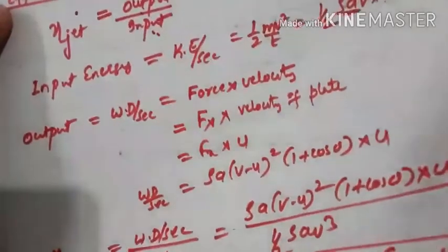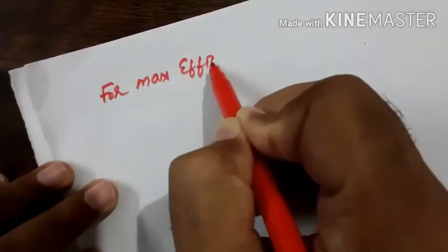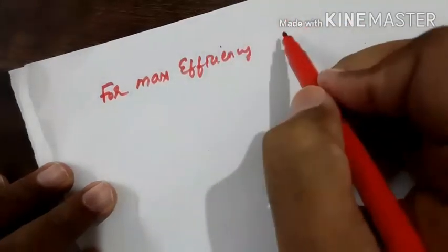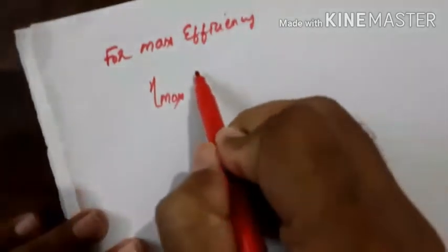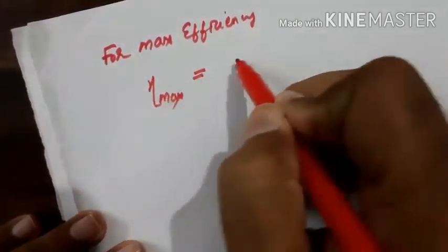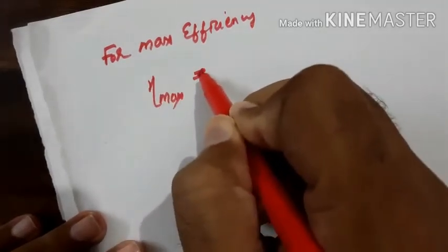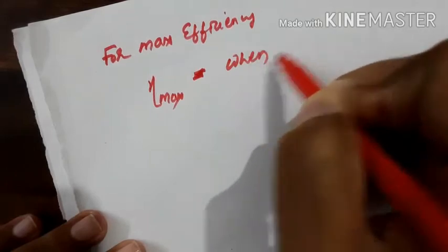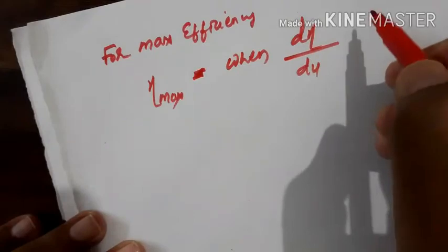Then, further simplification for maximum efficiency. How much is the maximum efficiency? We get eta max when the differentiation of efficiency with respect to the velocity of the plate is 0.